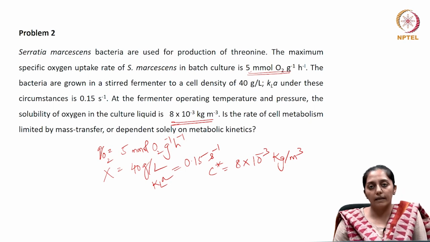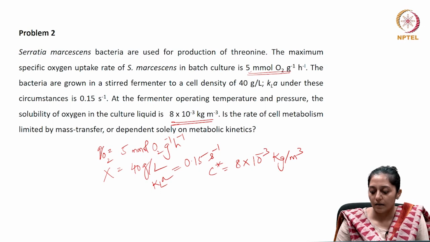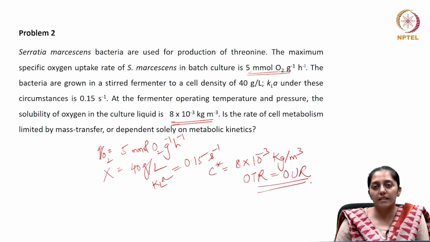Now, in order to find that, we need to first find the rate of oxygen consumption due to the growth of the bacteria, whether it matches up with the rate of oxygen transferred inside the reactor. So, only when OTR is equal to OUR, then it is meeting the demand of the culture.